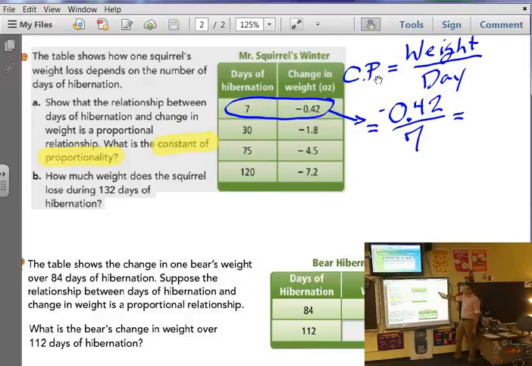So if it was 42 divided by 7, we forgot about 2 decimal places. So if we would have gotten 6, we have to bring back in 2 decimal places. So it's 0.06, and we have the negative, because you can't forget about the negative. So we get negative 6 hundredths.